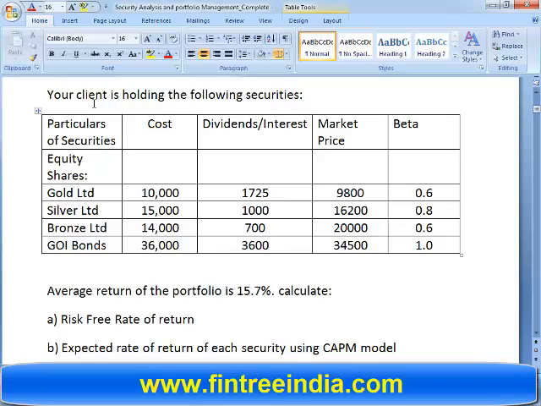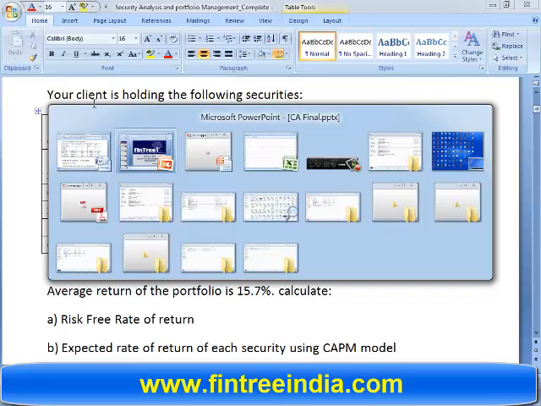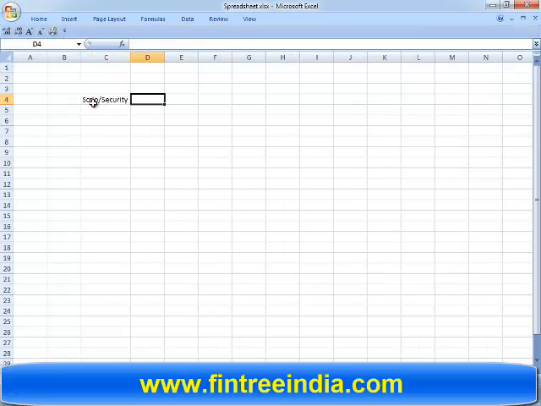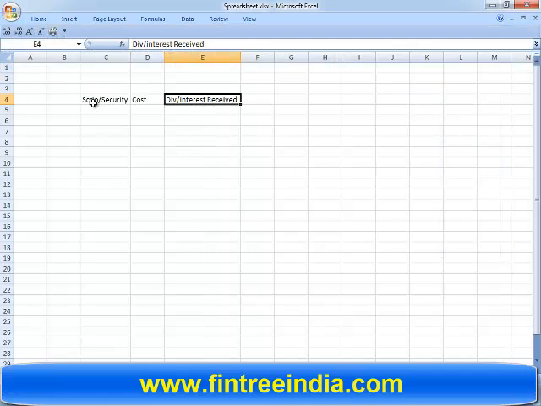We will say scrip, then cost, dividend interest, market price. Okay, so here I will say scrip or security, then the cost at which we purchased it, dividend or interest received. So scrip, cost, dividend or interest received.